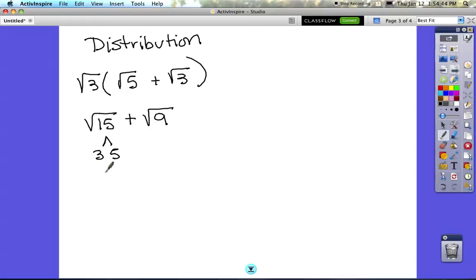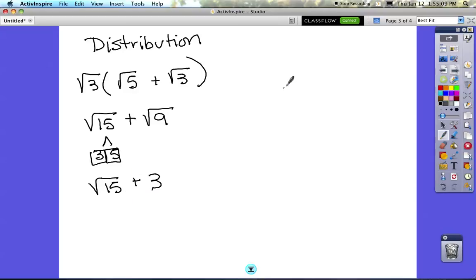Do I have any pairs? No. So they stay under the radical as the square root of 15. What is the square root of 9? 3. Can these be combined? No. They have to have the same. This is not 3 square root of 15.